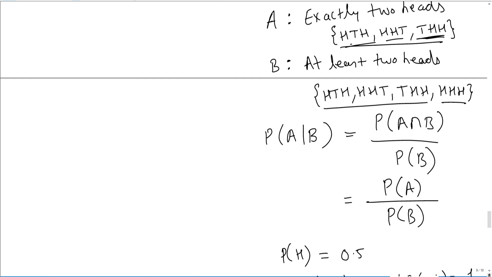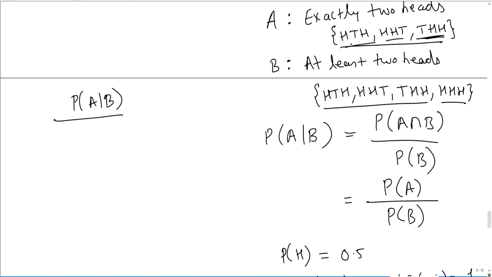However, you can calculate the same thing using just a conceptual idea, and let me show you how. So, what is the conditional probability of A given B conceptually? This is the probability of occurrence of event A given that event B has already occurred. Okay.